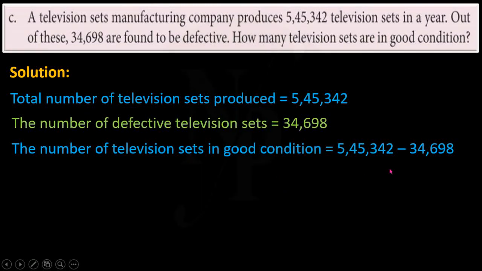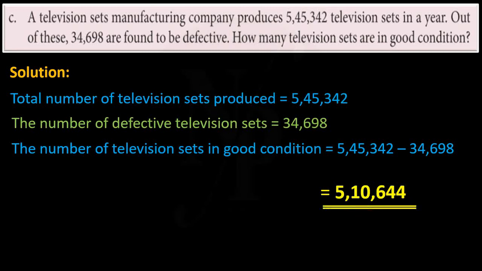So on subtracting this 34,698 from 5,45,342, you will get the number of television sets that are in good condition. So on subtracting, you will get 5,10,644, which is the required solution of this problem.